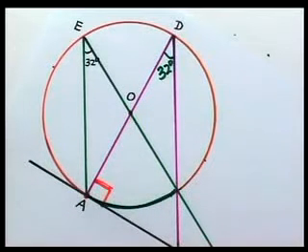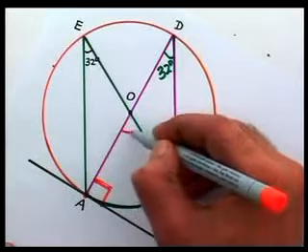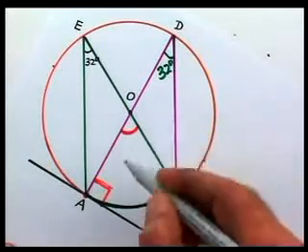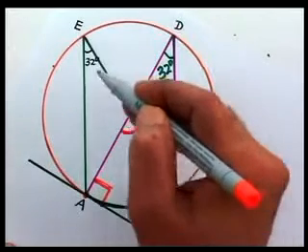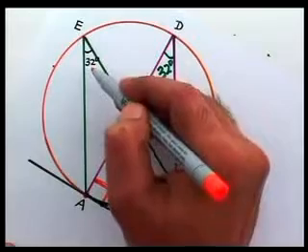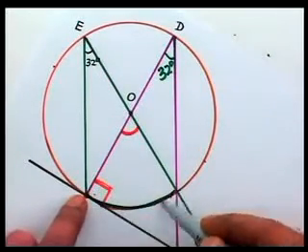Now, can you manage finding the angle at the center? Try and think. Is there a way you can find this angle? Angle at the center, please. Angle at the center is twice the angle at the circumference. Okay. Now, watch that arc there.